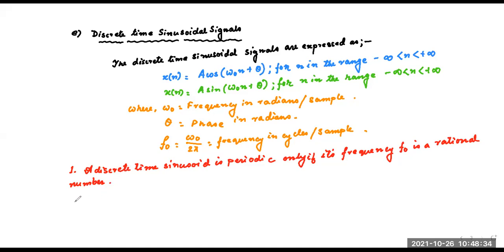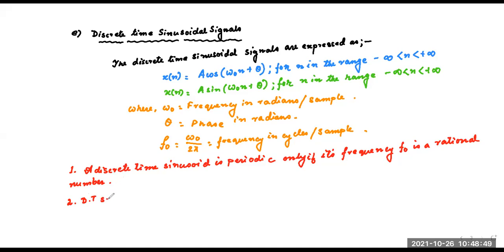Number two is, I am writing DT, please understand, whenever I write DT, that means discrete time.